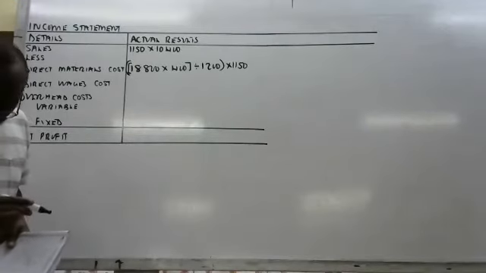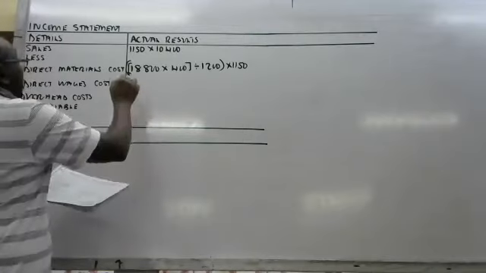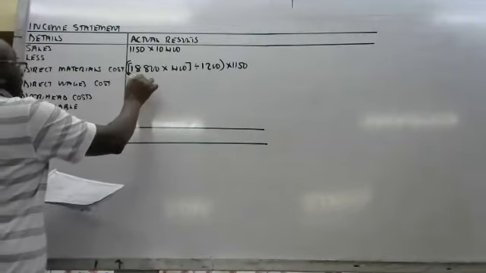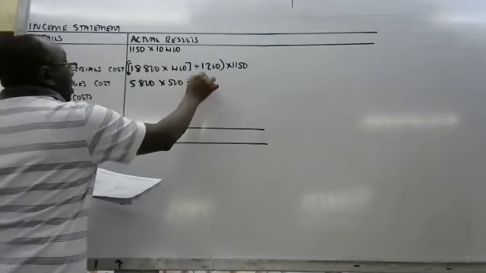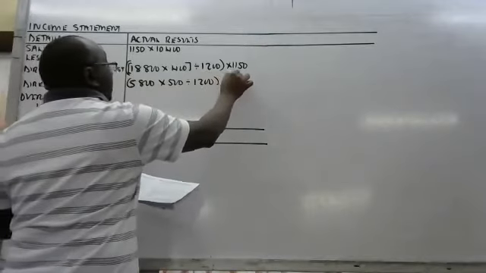Then we will do the same thing with wages, that it is 5,800 hours times 500. You divide by 1,200, then multiplied by 1150.